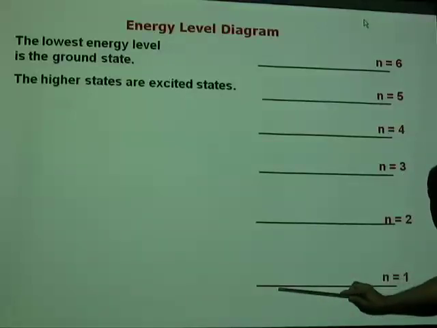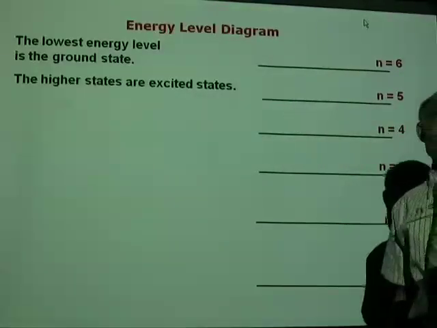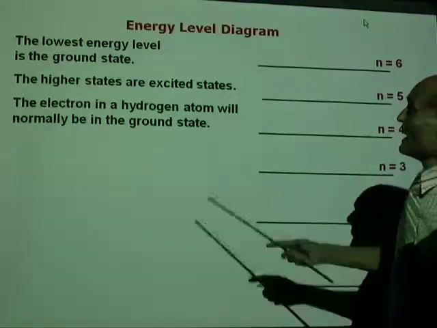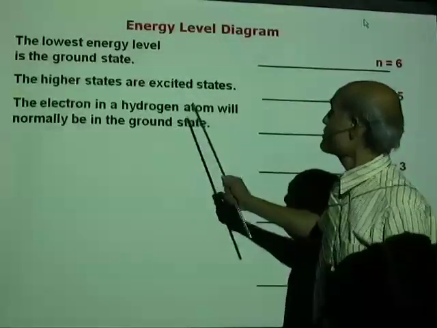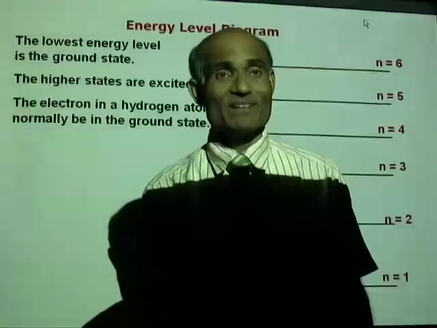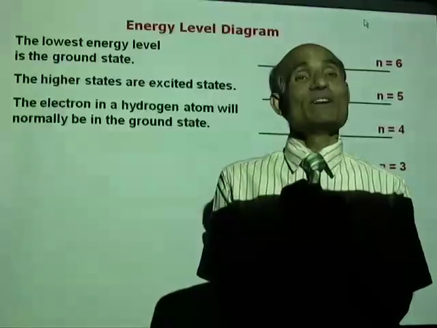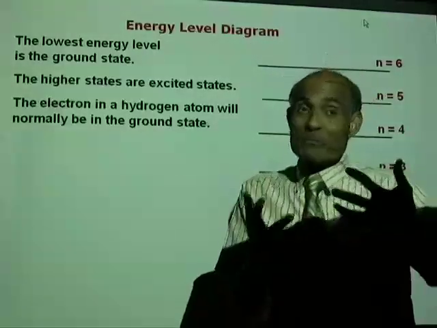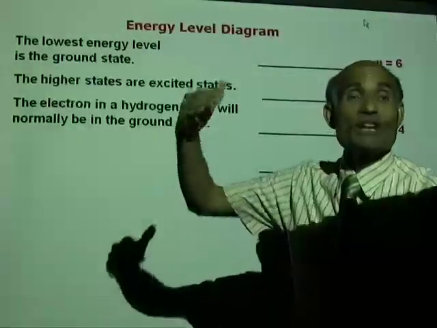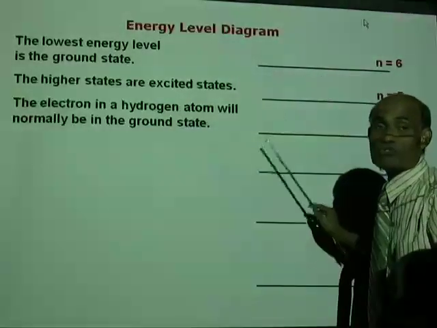So n equal to 1 is the ground state, and then you have the higher excited states. Now, the electron in a hydrogen atom will normally be in the ground state. If the atom is normal, its electron will be on the ground state. If the atom is excited, then the electron can be in any of these higher energy levels.